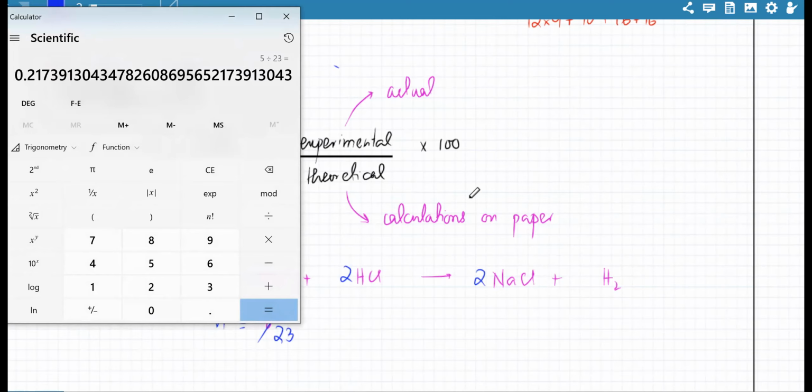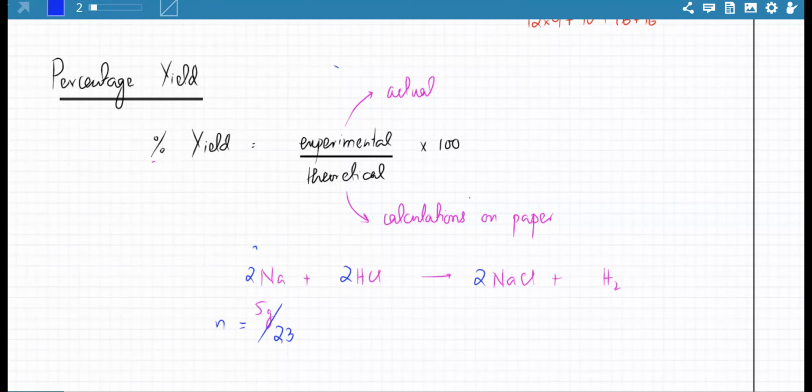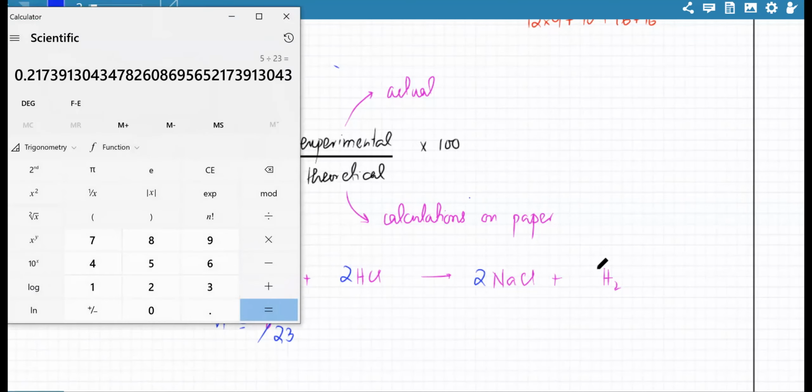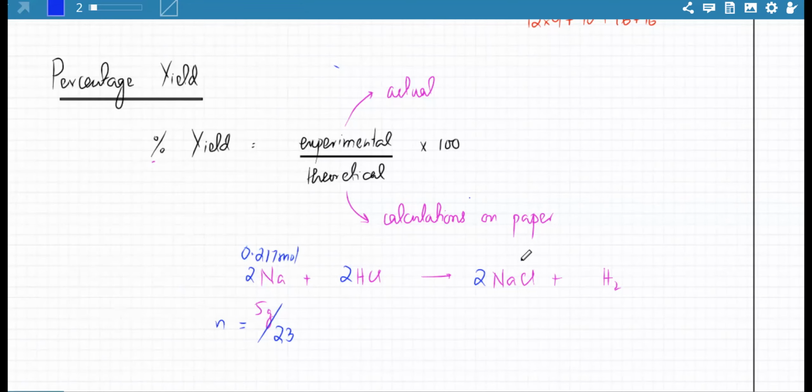So it's going to be 0.217 moles. And the moles of H2 are going to be half of that. Divide them by 2 and I get 0.109, rounding off to 3 significant figures. That's going to be 0.109 moles.